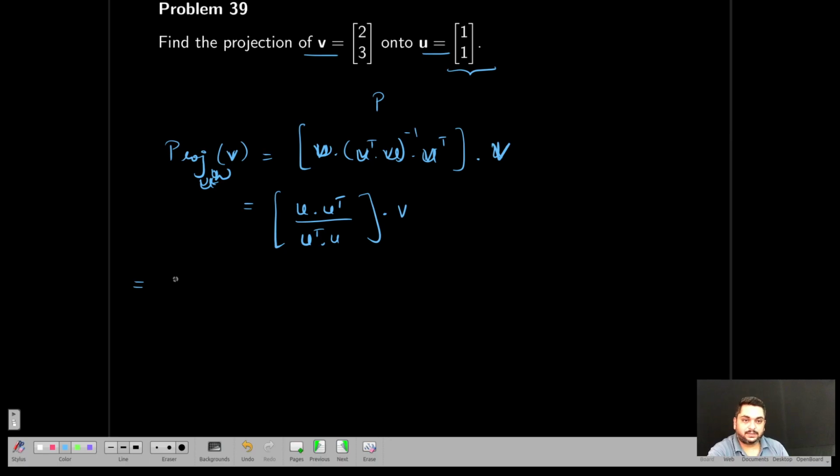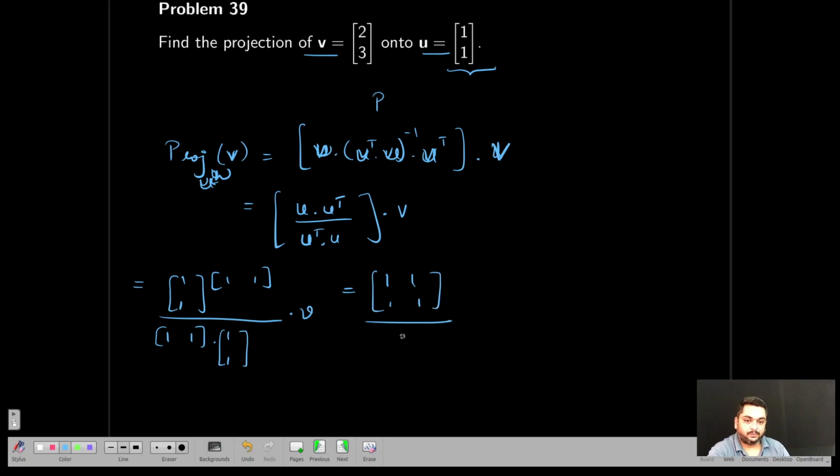U is 1 1, into its transpose, divided by 1 1 into 1 1, into this V. So this is 1 1 1 1 divided by 1 plus 1, which is 2, into V.